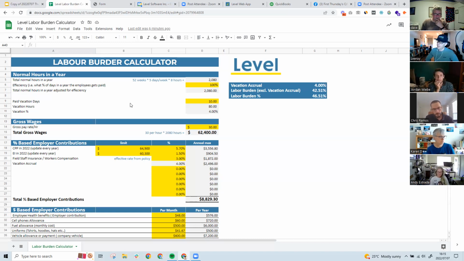Okay. Because on overtime, correct me if I'm wrong, but our workman's comp is based on a 40-hour work week, isn't it? And anything on overtime isn't calculated as workman's comp. Or am I wrong on that?